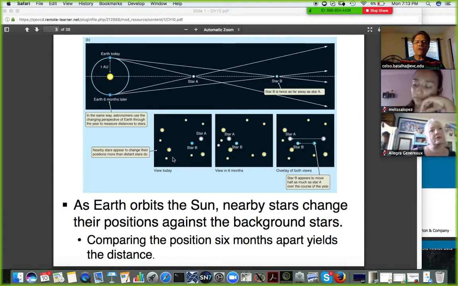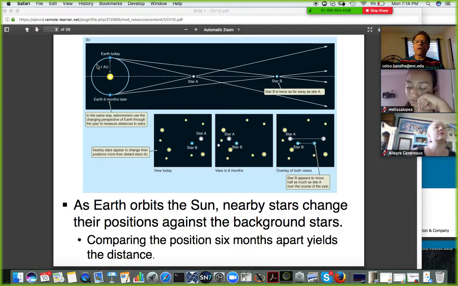There are 8 stars that are so far away. Those are the fixed stars, and we see our star A projected against that part of the sky. We also look today towards star B, and we see star B projected somewhat in that same region, right? But then look at this.